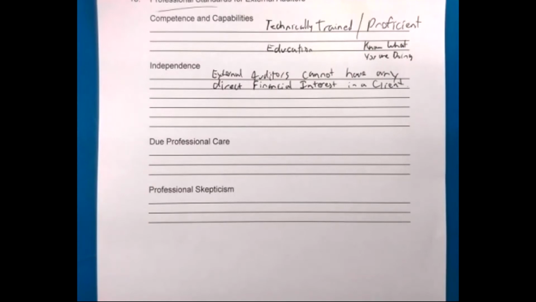So what does this mean? It means if you're auditing IBM, you cannot have one share of IBM stock. Why? Because your audit report would have an impact on your investment, right?